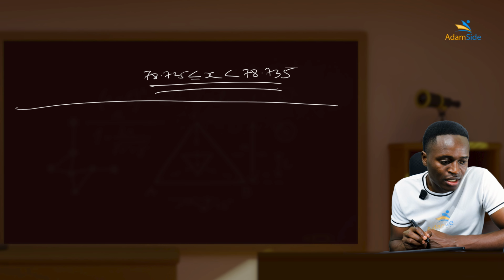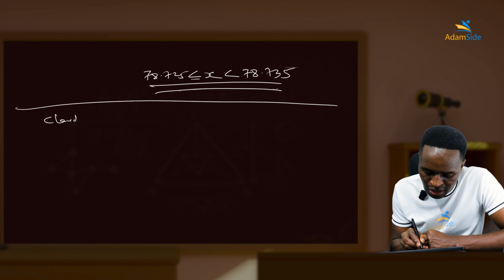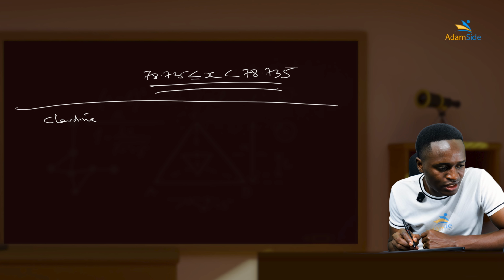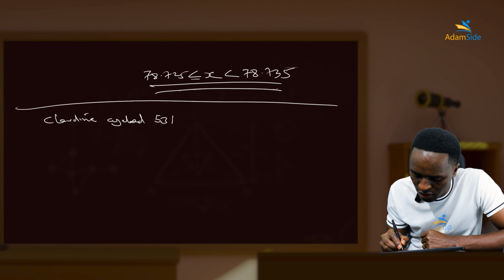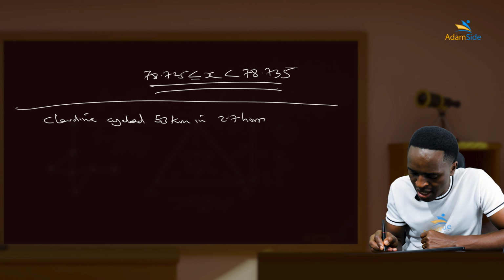So it says, Claudine cycled a distance of 53 kilometers in 2.7 hours.